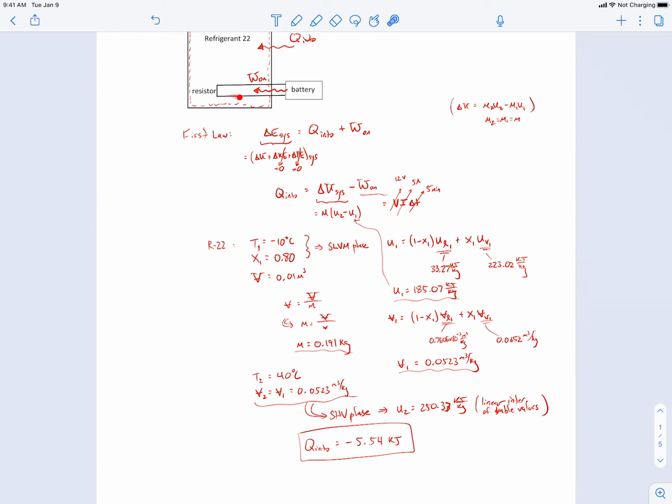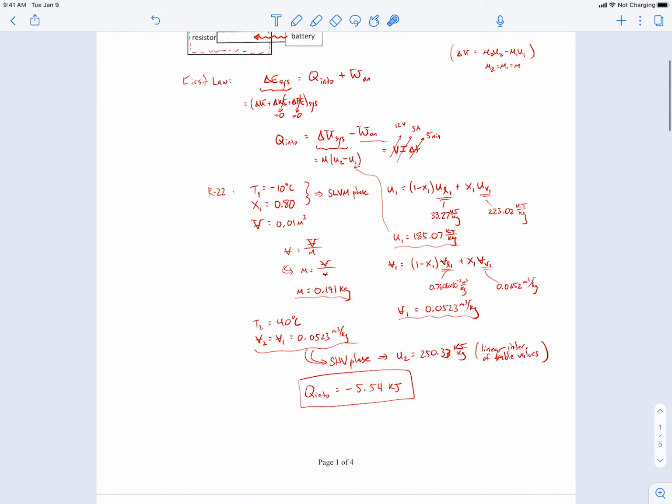I assumed that the resistor mass was negligible, so when I did this calculation of the change in internal energy, I only factored in the mass of the refrigerant. And then to find the work, we knew it was electrical work. And then to find the specific internal energies was a matter of using the tables and the quality.